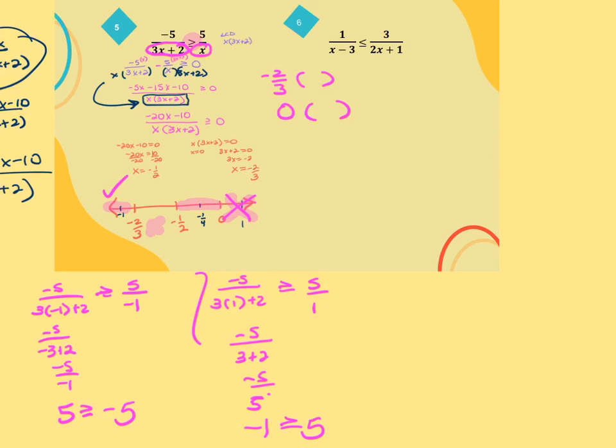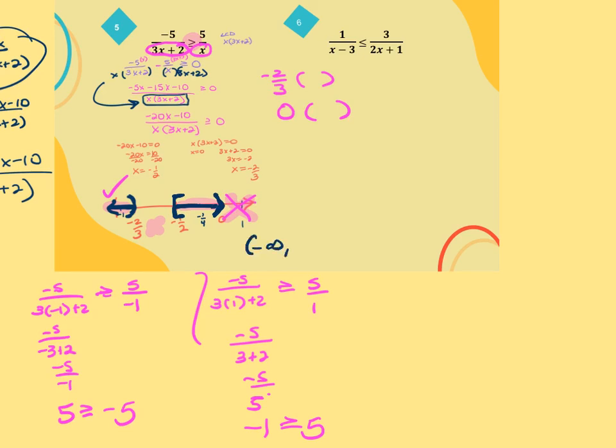So everything that made my original equation have a 0 in the denominator has to change from bracket to parentheses. So now I know that negative 2/3 has to get a parentheses, arrow to the left. Negative 1/2 is fine, that gets a bracket. But 0 gets a parentheses, shaded in between.